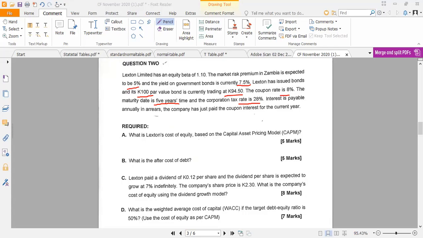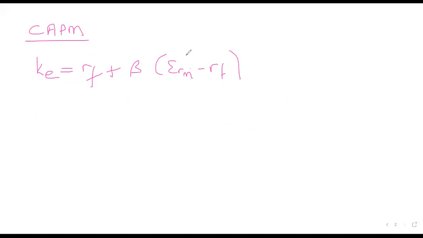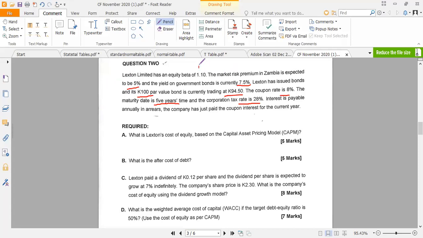Under the CAPM model, the asset pricing model is given by KE equals RF plus beta times expected market return minus RF, which is collectively called the premium. From the question, let's only identify the relevant information for this model. So what do we have? Our beta.